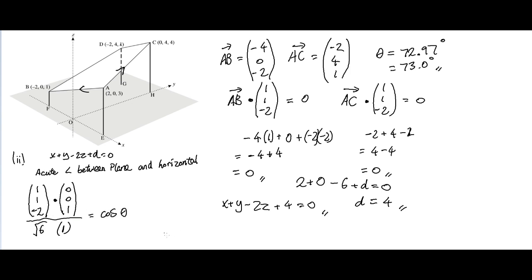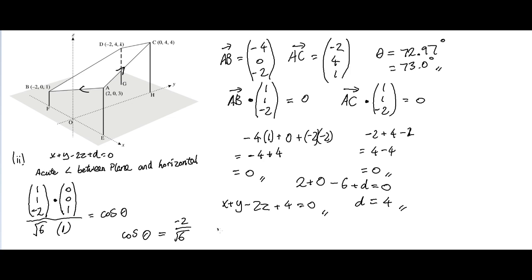And so we know that theta, using our calculator, is, first of all, let's find the top. That is 1 times 0 plus 1 times 0 plus minus 2 times 1, so that is minus 2, divided by root 6 times 1, which is root 6.